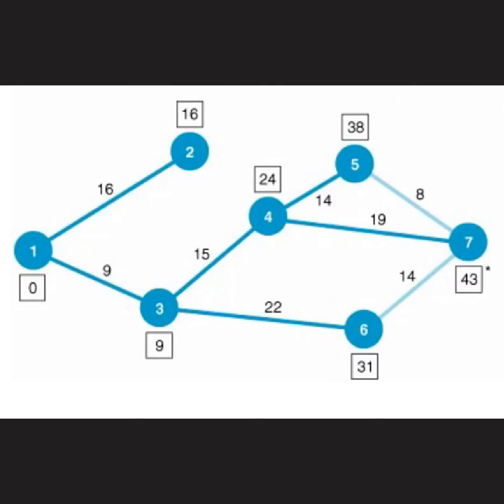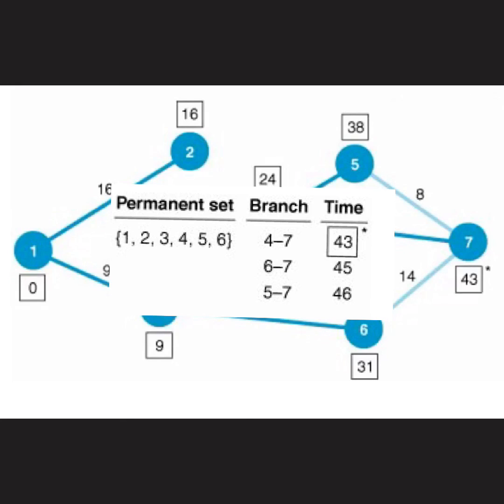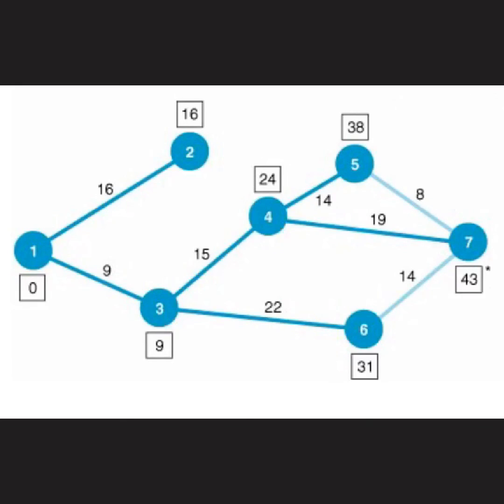The only remaining node directly connected to the permanent set is node 7, as shown in the figure. Of the 3 branches connecting node 7 to the permanent set, branch 47 has the shortest time, which is 43 hours. Thus node 7 joins the permanent set.